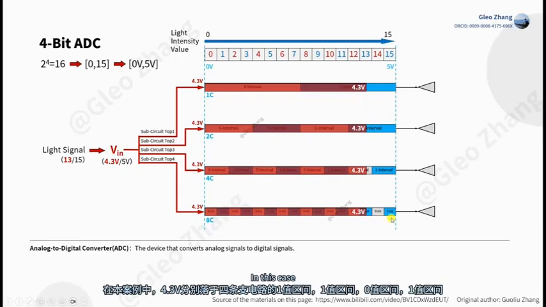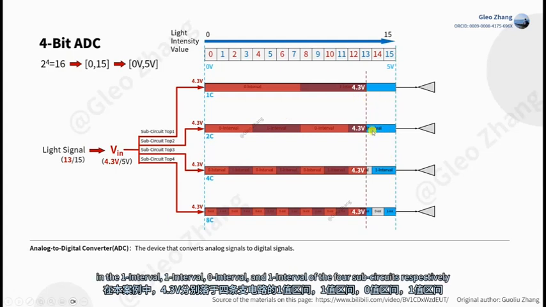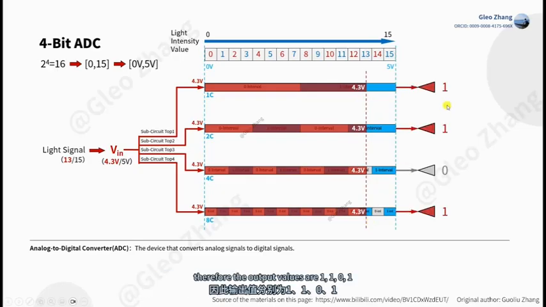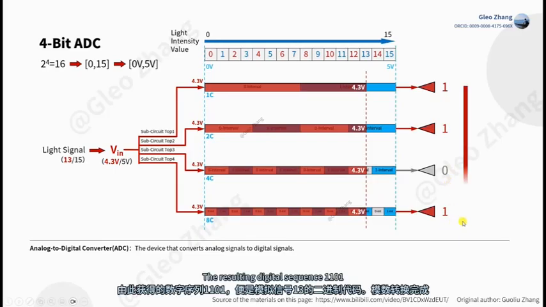In this case, the 4.3 volts is located in the 1 interval, 1 interval, 0 interval, and 1 interval of the 4 subcircuits respectively. Therefore, the output values are 1, 1, 0, 1. The resulting digital sequence 1101 is exactly the binary representation of the analog value 13. The analog to digital conversion is completed.